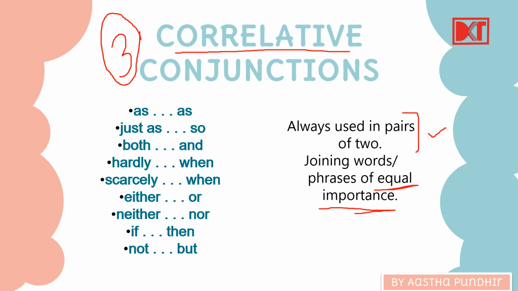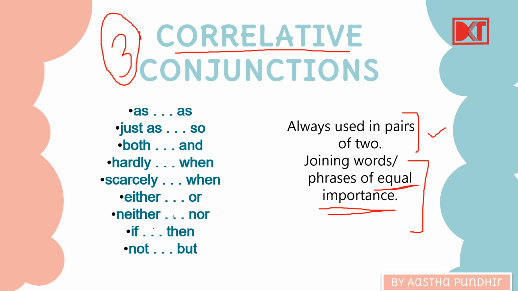Equal importance words or phrases को join करते हैं. Let's see the examples. As and as, just as, so, both, and, hardly, when, scarcely, when, either or, neither nor, if, then, not, but. Now, how can we use these?